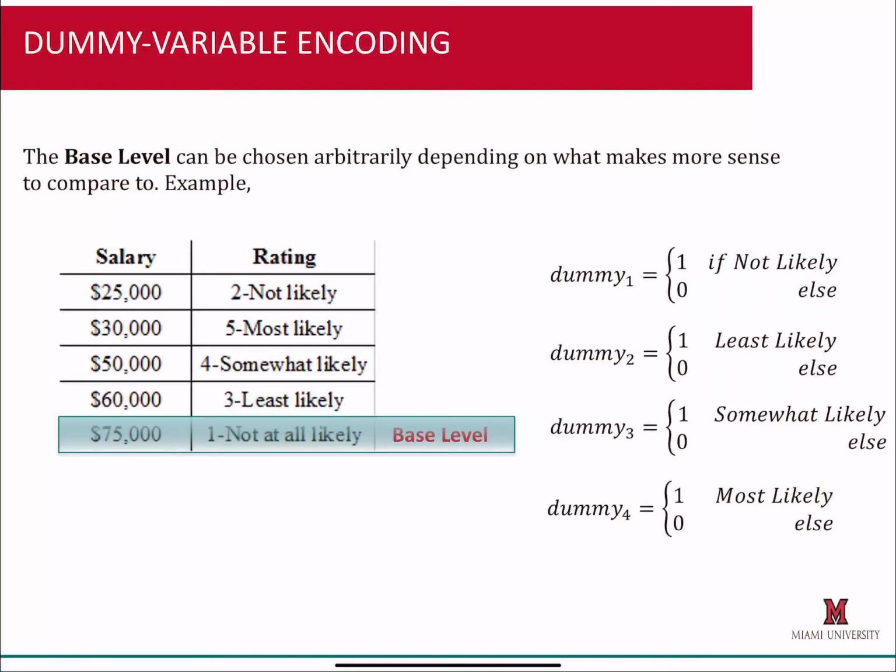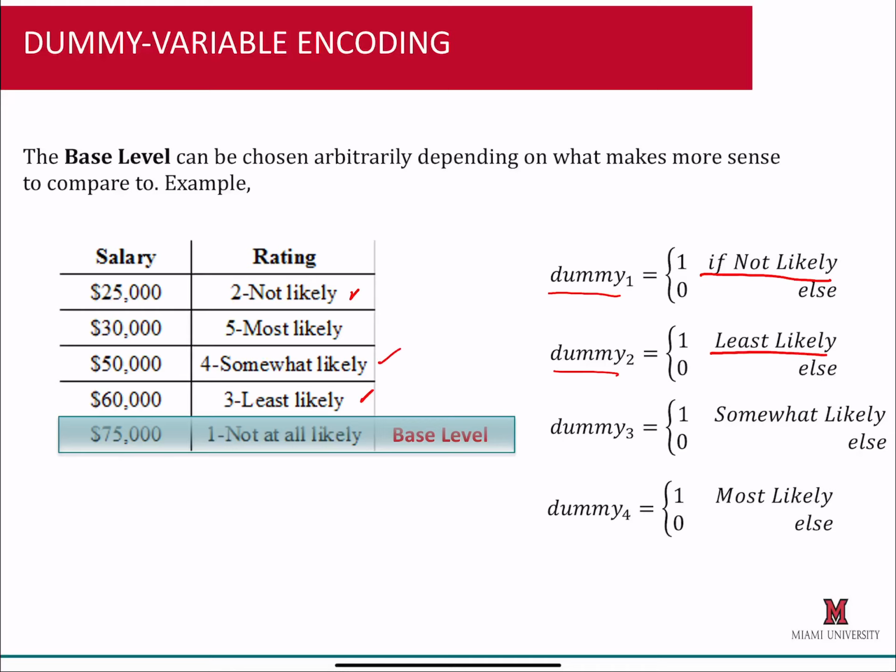So in this case, we would create a dummy variable for not likely. Let's say we call it dummy 1. It will be 1 if not likely, 0 if else. We will create another dummy variable, let's say dummy 2 for least likely. It's going to be equal to 1 if least likely, 0 if else.